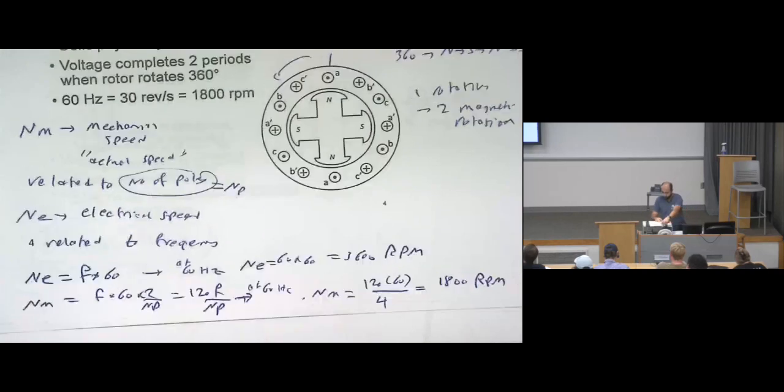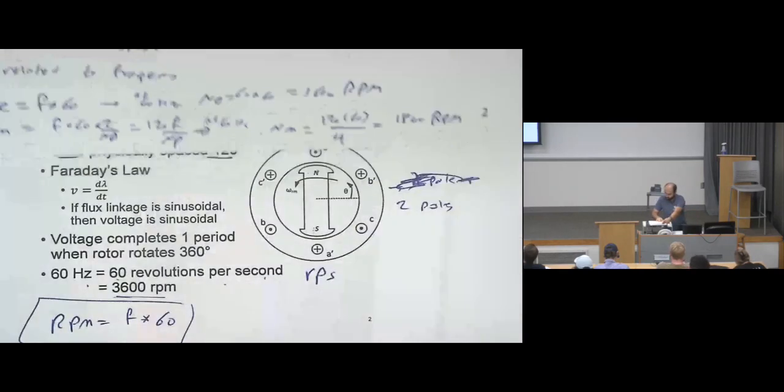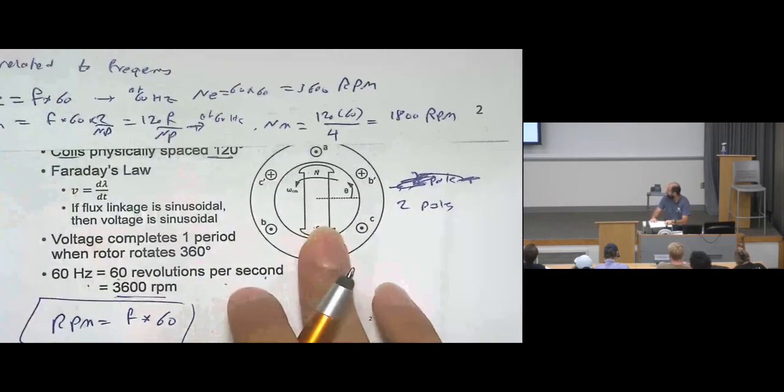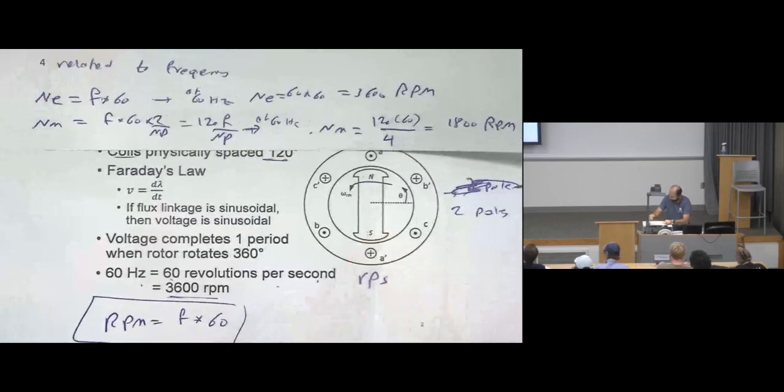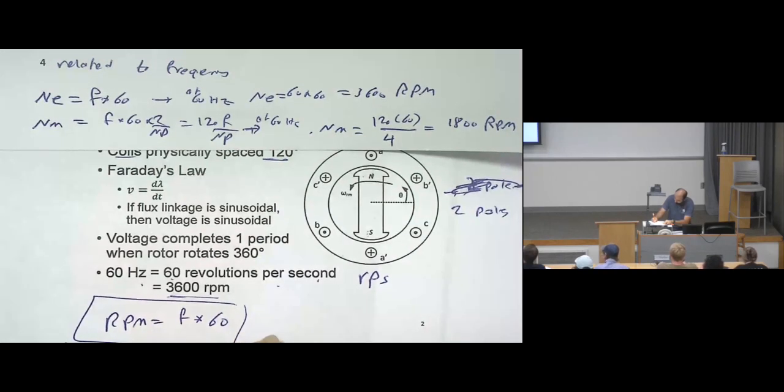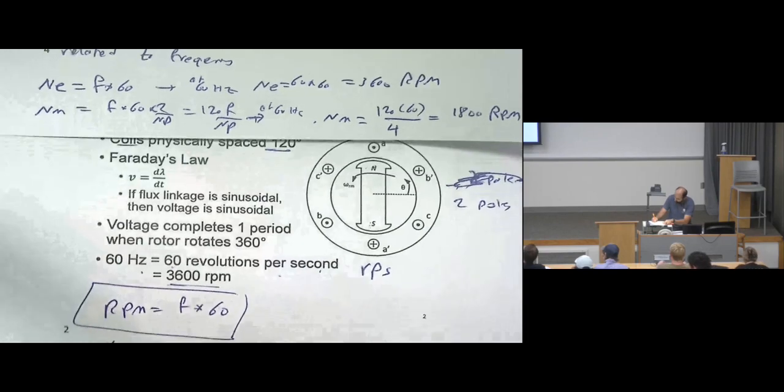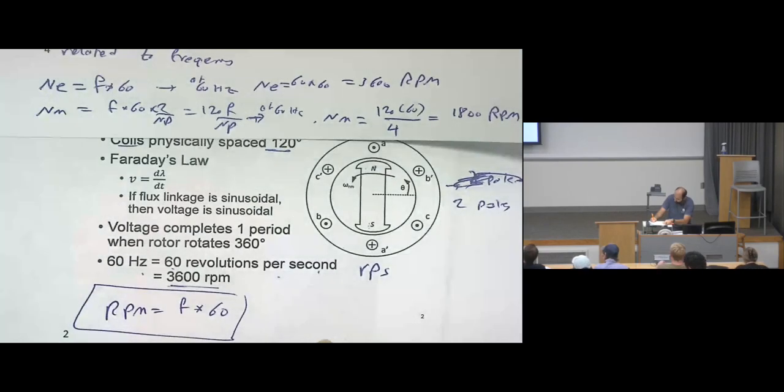When the number of poles equals 2, then mechanical speed equals 120 F over number of poles, so 120 times 60 over 2, and the answer will be 3,600 RPM.